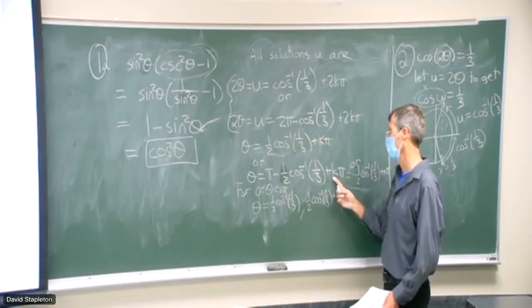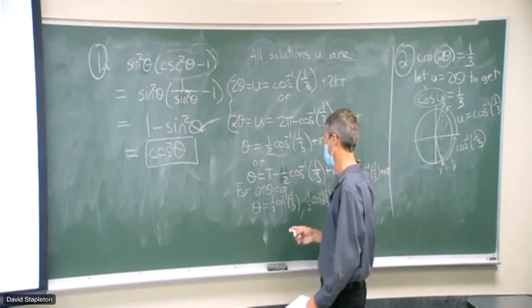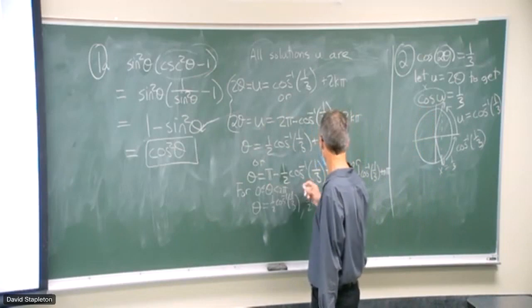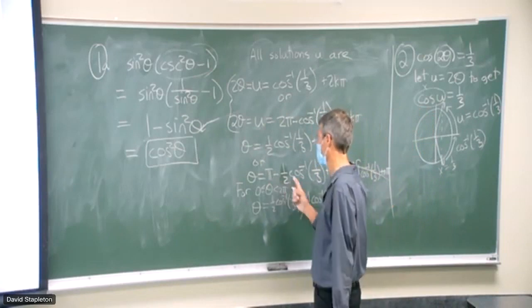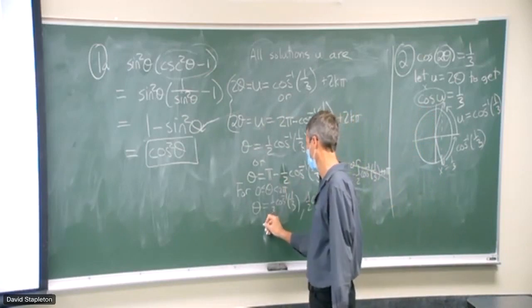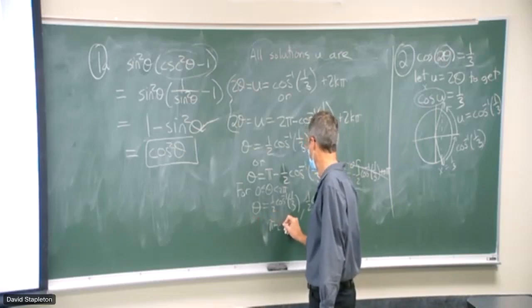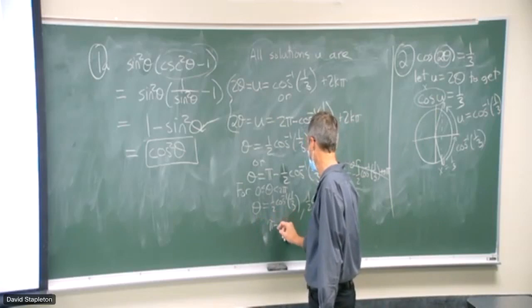And put k equals 0 in here. Well, let's say in here, we can leave this off. Put k equals 0 in here, and you've got pi minus 1/2 arc cosine of a third.